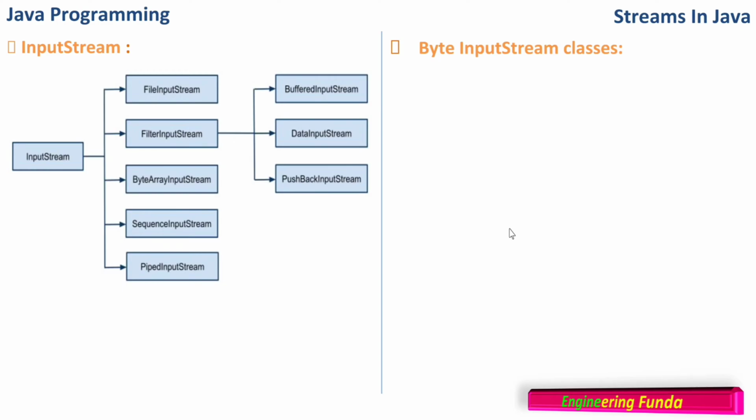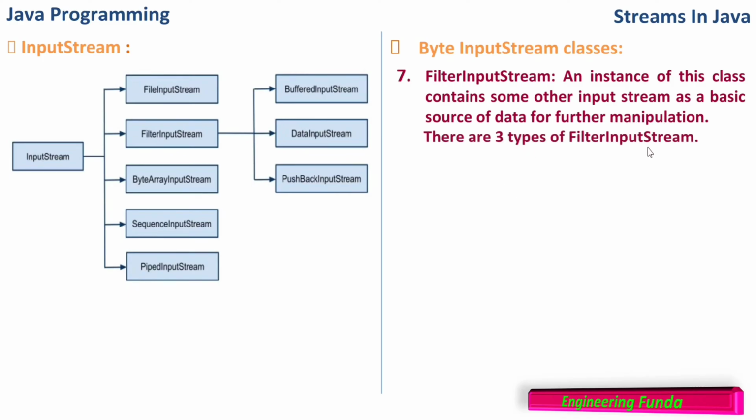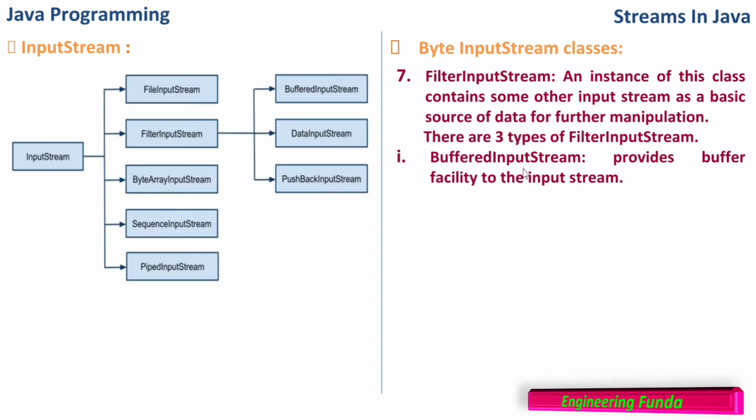The next we have is the FilterInputStream. Now FilterInputStream, an instance of this class, contains some other input stream as a basic source of data for further manipulation. There are three types of FilterInputStream that we can see from the diagram. First is the BufferedInputStream.